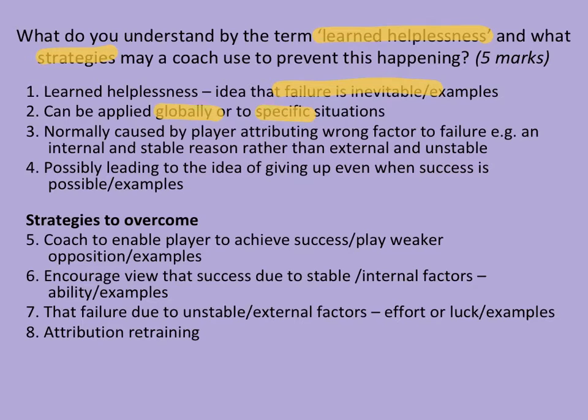Point 3 is looking at how we get there with the attributions, making sure that we're referencing internal and stable, external and unstable, that we're referencing Weiner's model in your answers there. And then the effect on behaviour, that we give up even when success is possible.